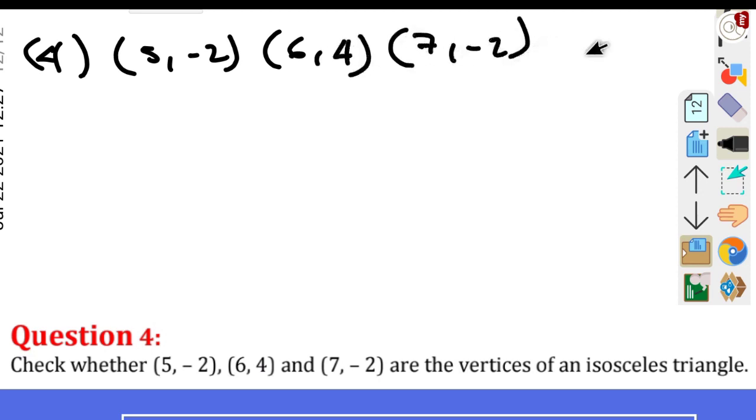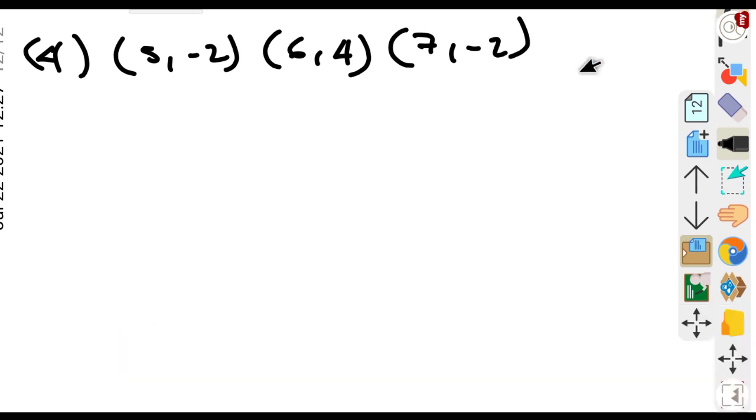Now what is meant by an isosceles triangle, children? I think you know the definition of an isosceles triangle, right? So an isosceles triangle means two sides are equal. Now how will you check whether the given coordinate points are the vertices of an isosceles triangle? For that you need to use the distance formula again.